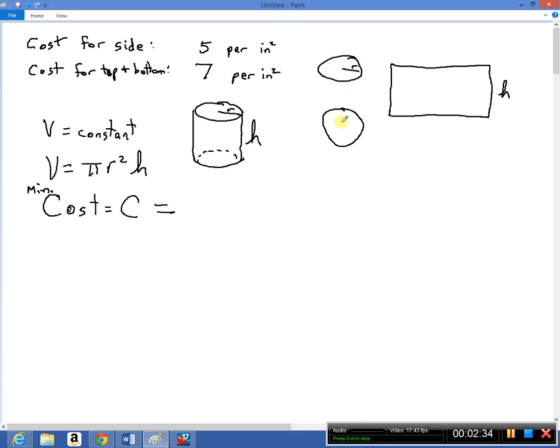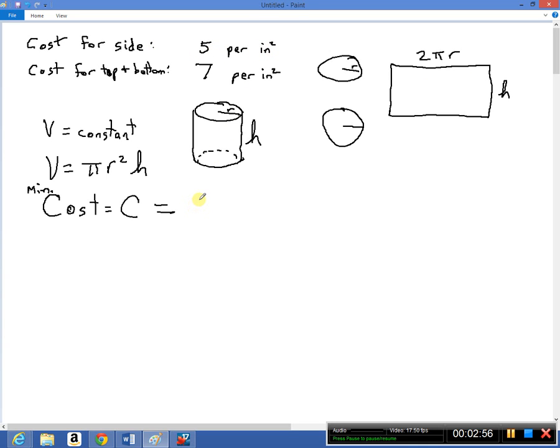So this is r here and here, of course. So the total circumference is 2 pi r. So we get 2 pi r for this times h is the area. So the area here is 2 pi r h, but the cost for that is 5 cents per square inch.